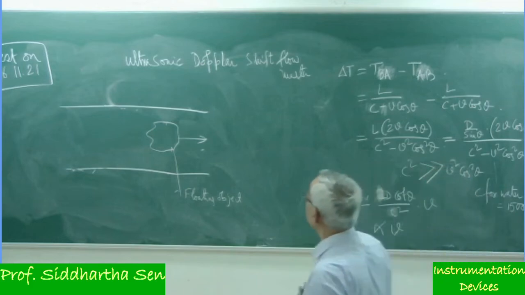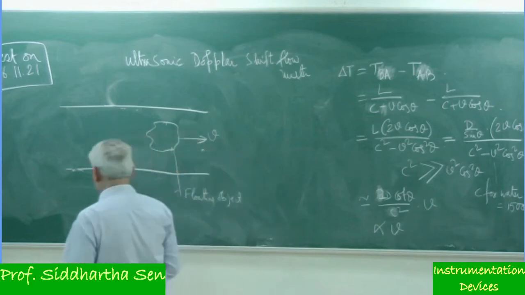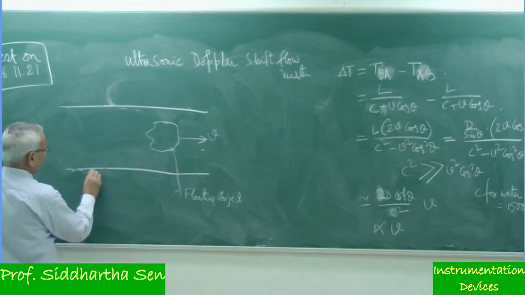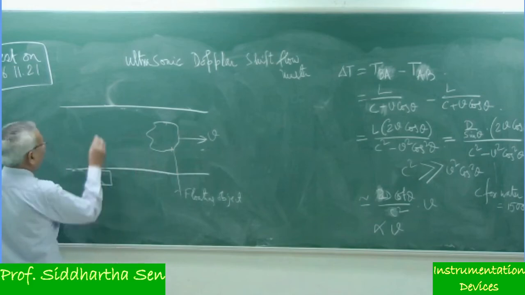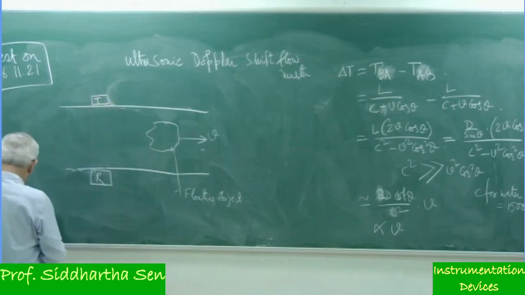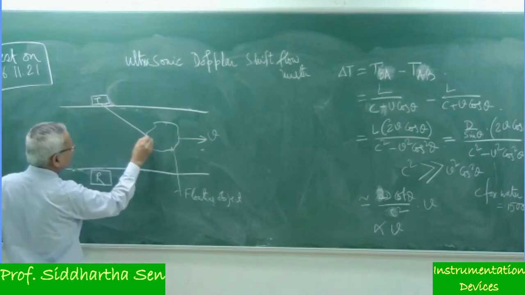So these are the floating objects, and suppose it is moving at a velocity v. And here we also put a transmitter and a receiver.